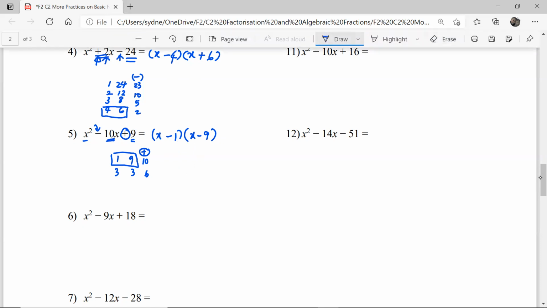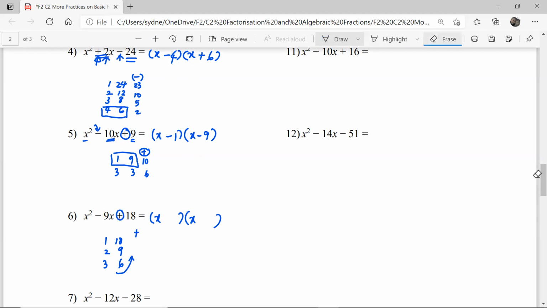Let's move on with the next question. X squared, it will be x times x. 18, what are the factors of 18? 1 times 18, 2 times 9, and then 3 times 6. After that, 4 cannot, 5 also cannot, 6. That's all. So what are we supposed to do with this? You see this one plus?